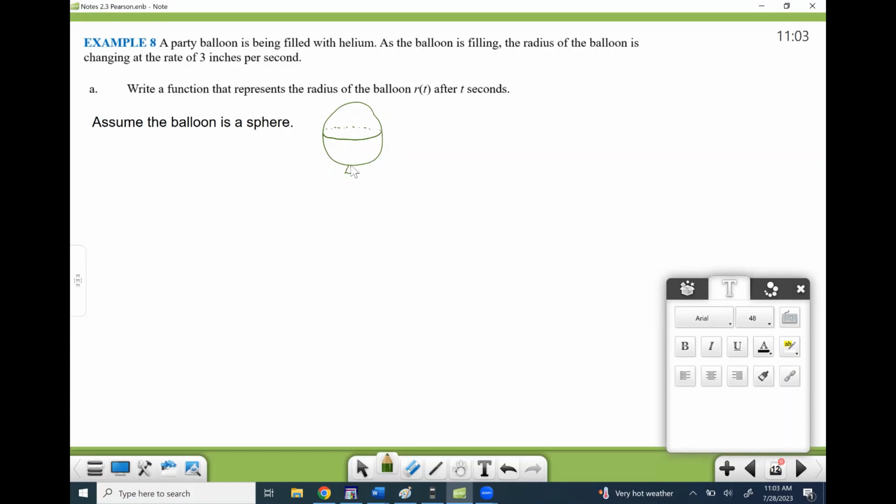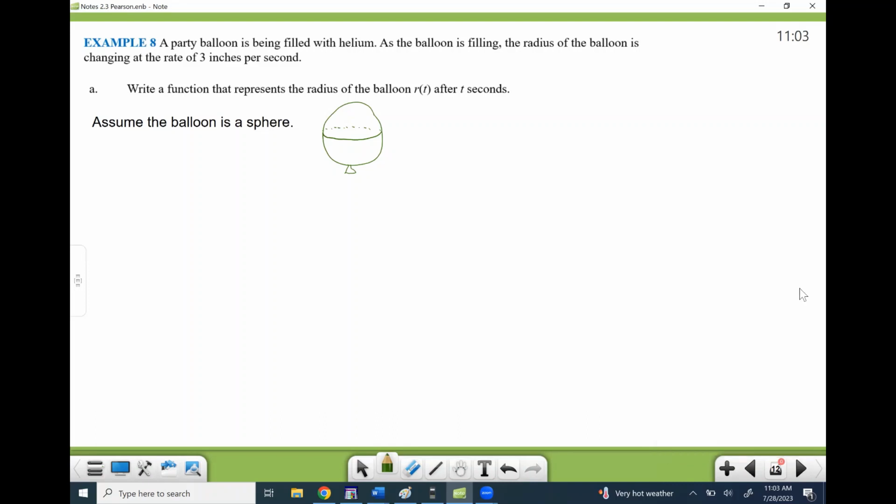Okay. All right, so let's try to find a function for the radius. Where my mind goes is it starts automatically t-charting it. When time is 0, we haven't blown the balloon up, so we know that the radius is 0. When time is 1, it's changing 3 inches per second, so its radius should be 3.